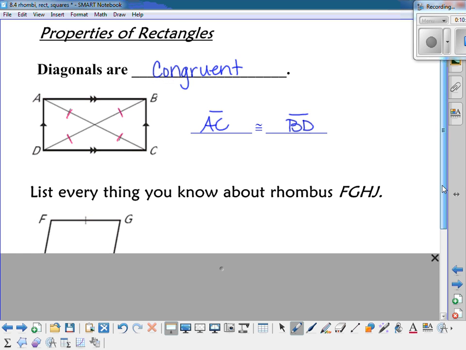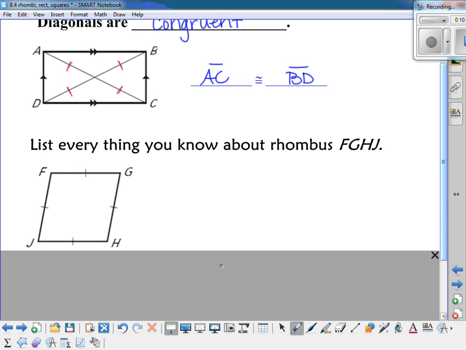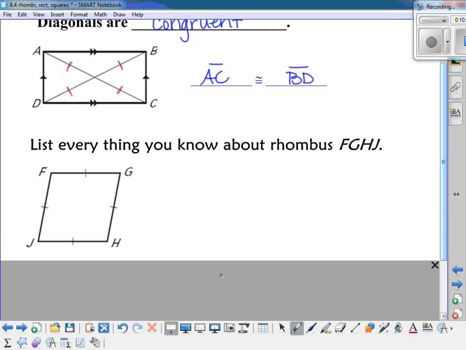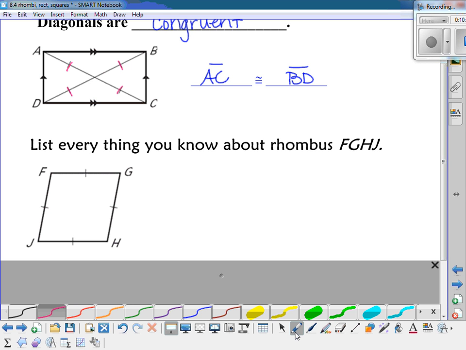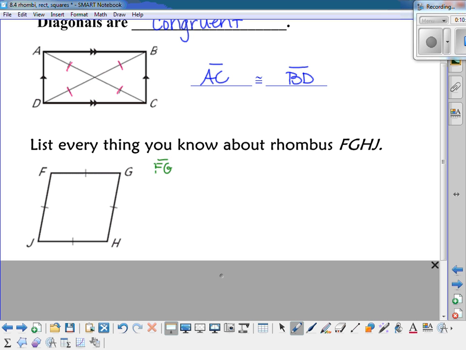So if I give you a rhombus FGHJ, what are all the things that we know because it's a rhombus? Well, first of all, we know that the four sides are congruent. So we have FG is congruent to GH, which is congruent to HJ, and congruent to FJ.